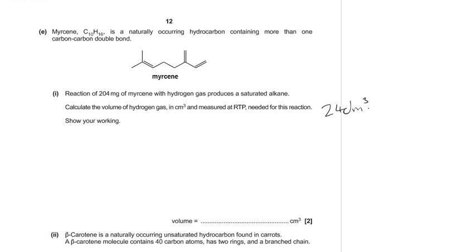Now, if this is a hydrogenation reaction, we're going to need as many hydrogen equivalents as we have double bonds. So we should be able to see that we're going to need a 1:3 ratio of myrcene to hydrogen.